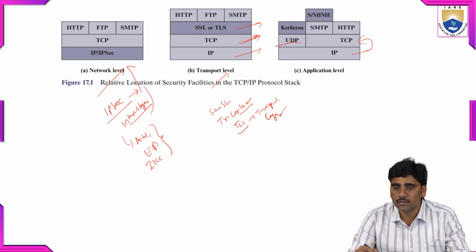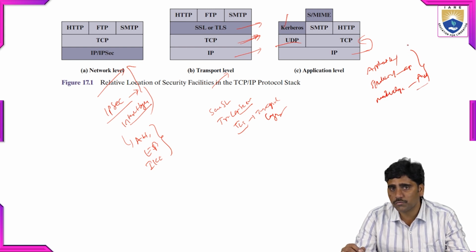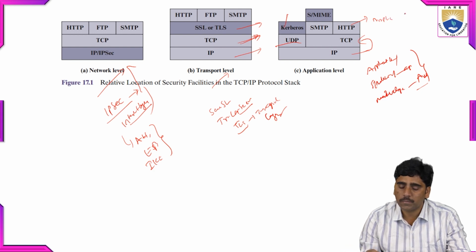For this, Kerberos is one type of application software, MIME is one type of application software, and along with this, Mail VLOOP is also one type of application software. All these application softwares are related to specific applications in the application layer.